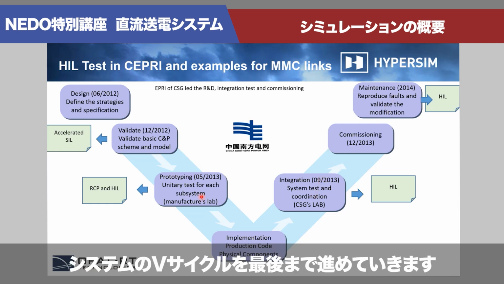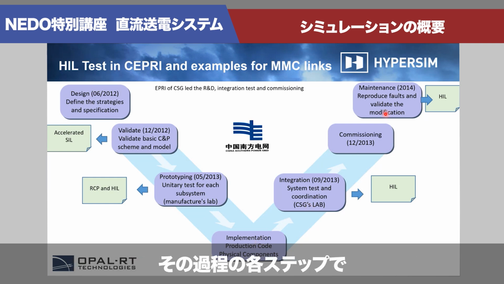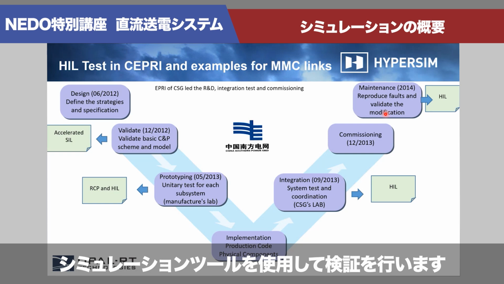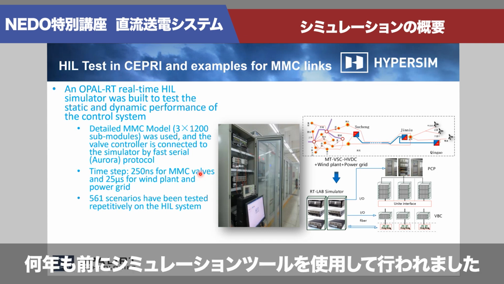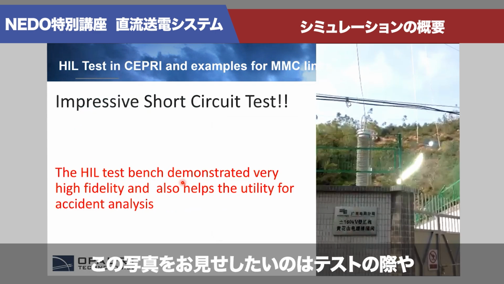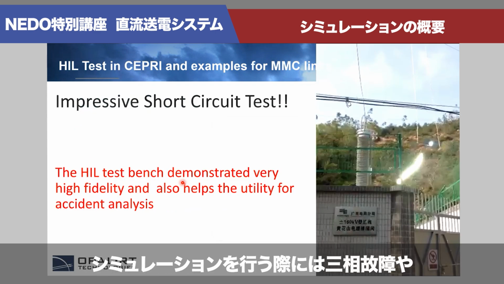So you follow the V cycle of the system, and at each step of the way, you are using simulation tools to validate that. Here we have another MMC model, again coming from China, between Jinyu and Zhucheng. This was done many years ago using simulation tools. I'd like to show this picture because during some of the tests, of course, you do a simulation.